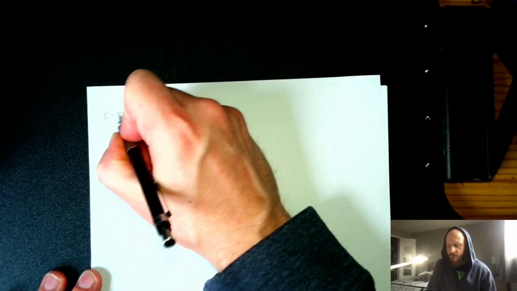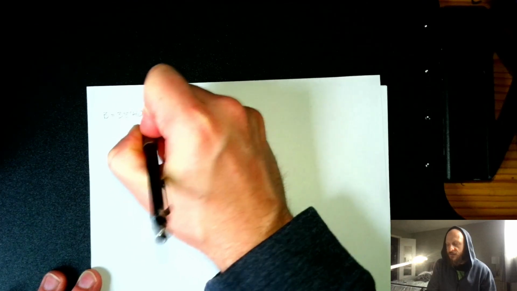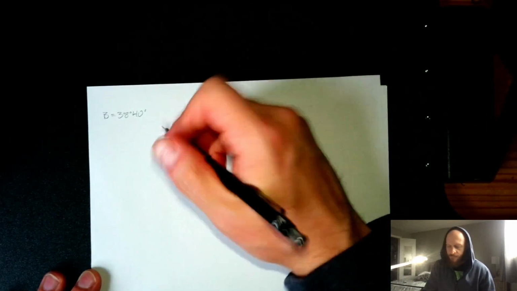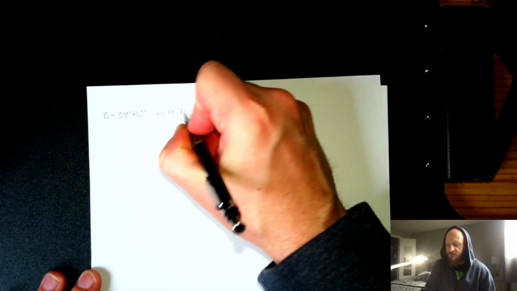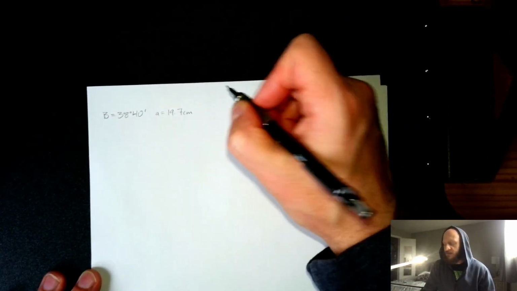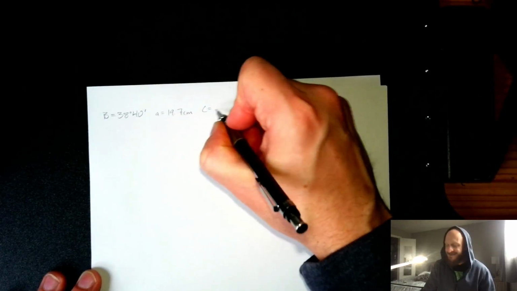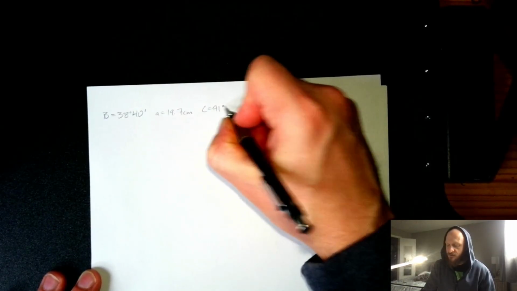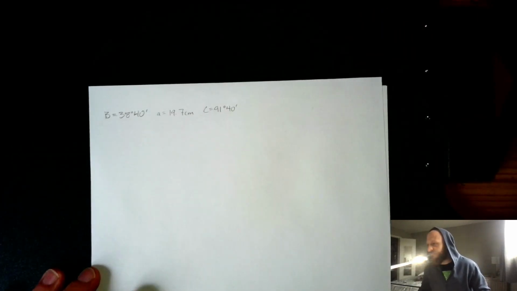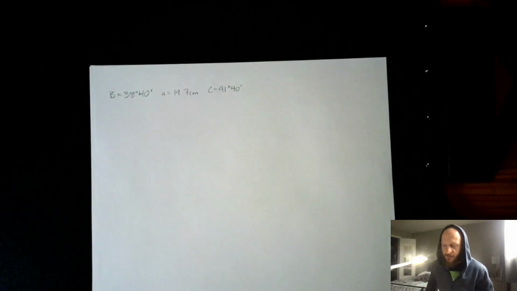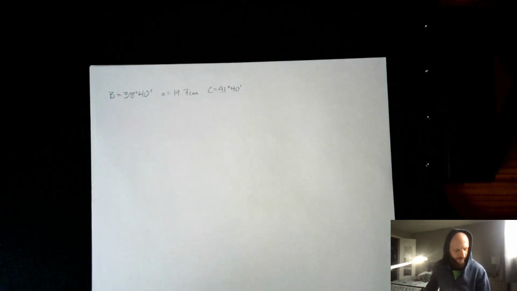B is 38 degrees, 40 minutes. Side A is 19.7 centimeters. And angle C is 91 degrees, also 40 minutes. Okie dokie. Well, first things first, I need to convert these into decimals, because at least with my calculator, I can't plug minutes in.